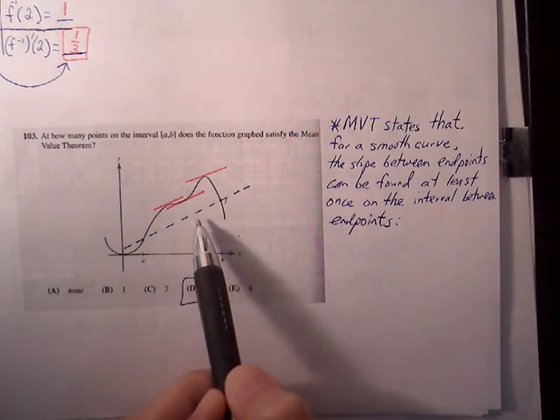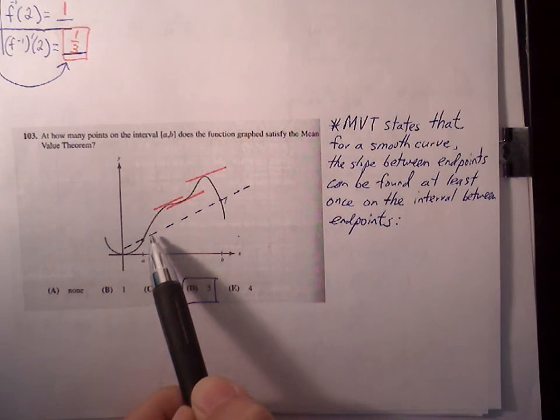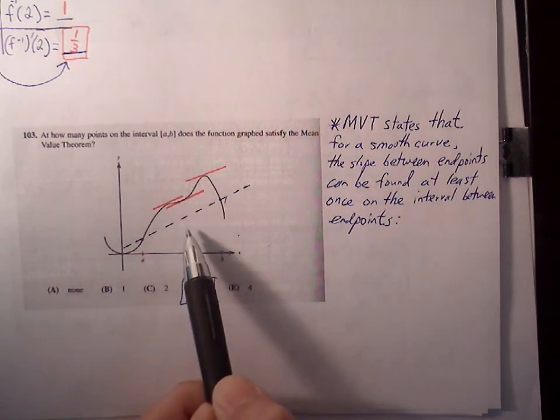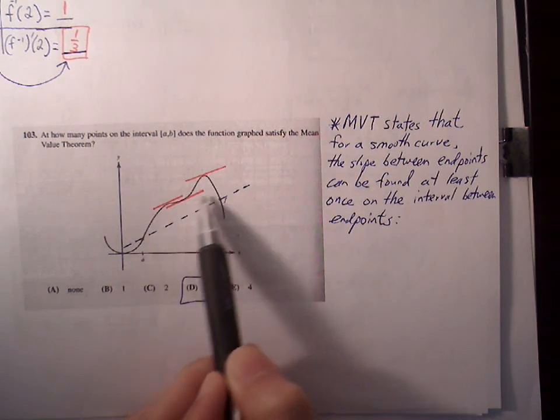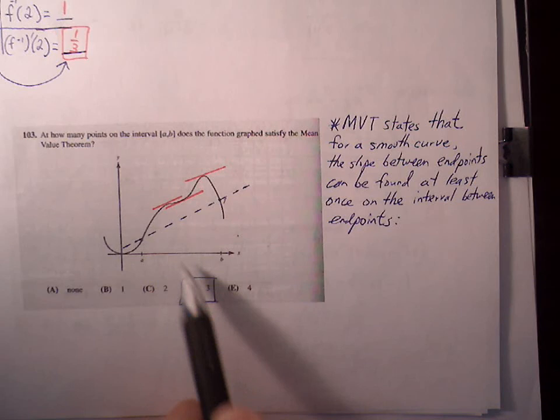Now, if we couldn't see the graph in front of us and we know it's a smooth curve, then we can guarantee at least one. But because we have the graph in front of us, we can visualize that we see 3 points where there's going to be a slope that is parallel to this one here. So that's our answer choice D.